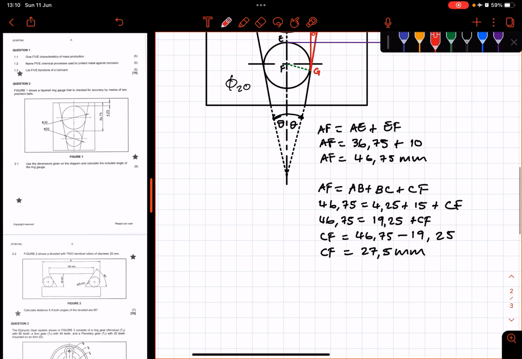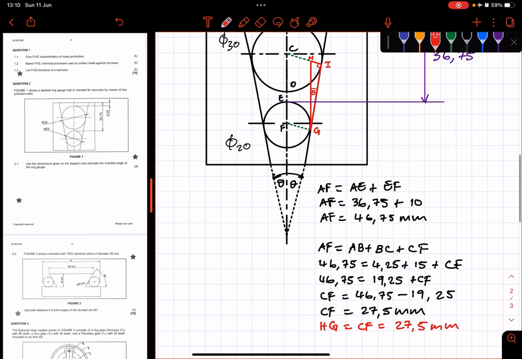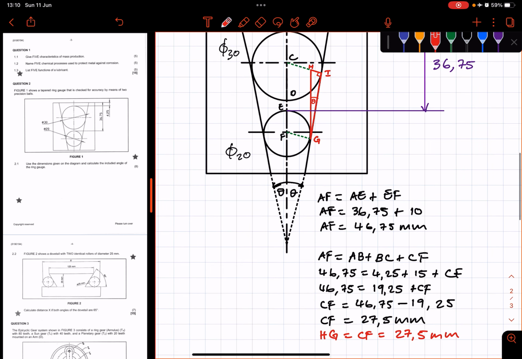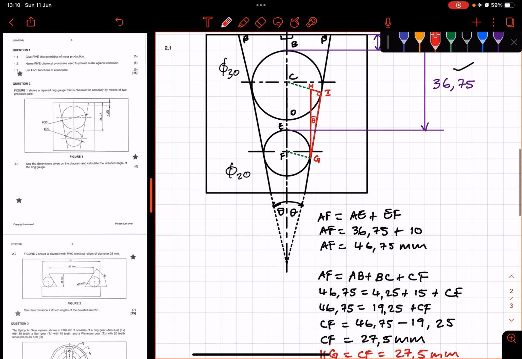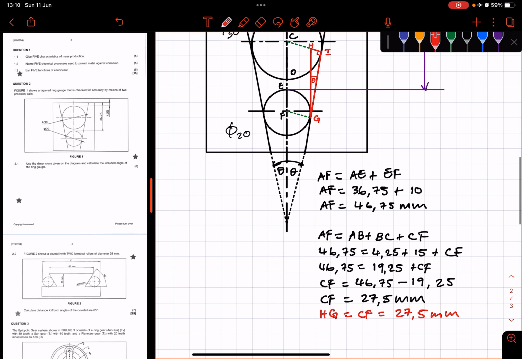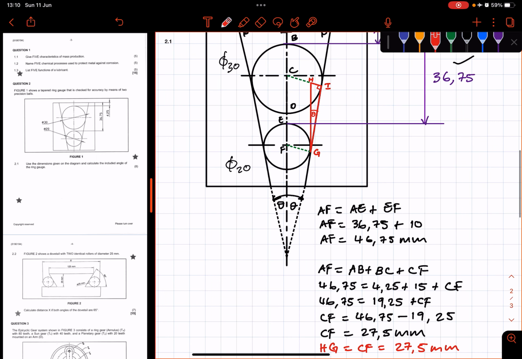So meaning HG is equal to what? CF, which is equal to what? 27,5 millimeters, right? Now, HI, how do we get HI?